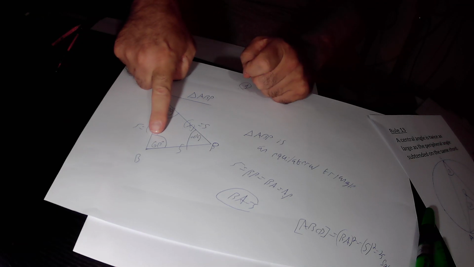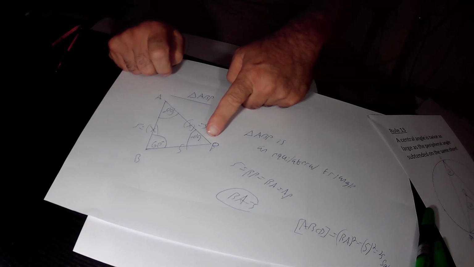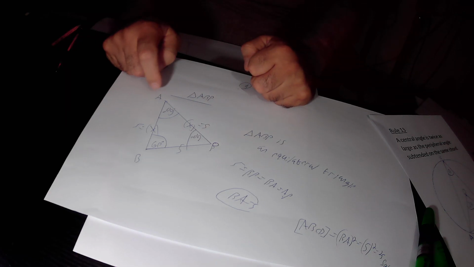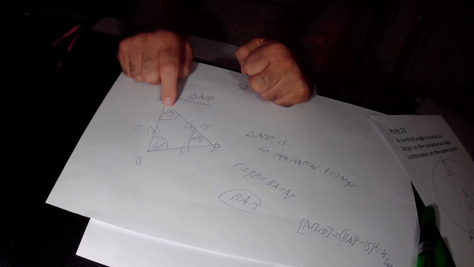But this angle equals 60 degrees, and therefore this missing angle must also equal 60 degrees. So in triangle ABP, 60 degrees plus 60 degrees is 120 degrees, and therefore this missing angle must be equal to 60 degrees, according to the rule that the sum of the angles in any triangle is 180 degrees.